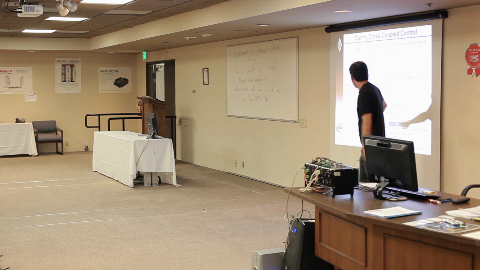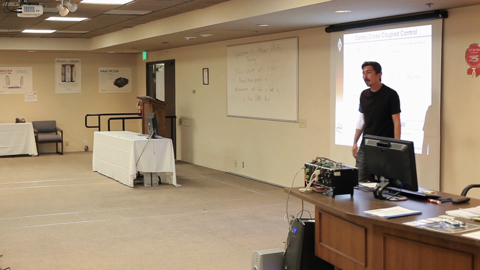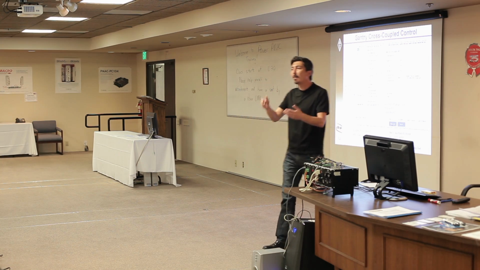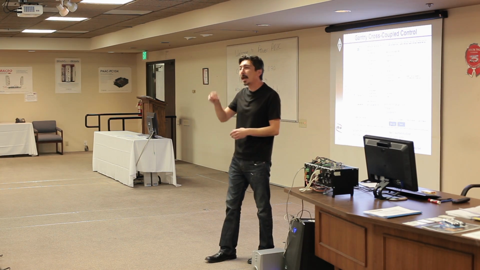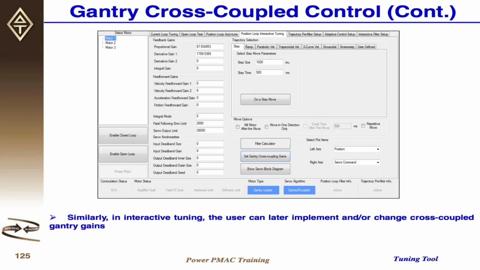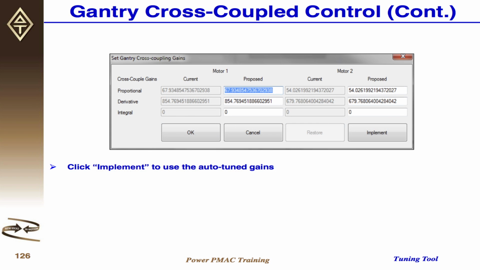And if you select the cross-coupled Gantry control, it's going to also come up with the cross-coupled Gantry gains for you. And of course, later on, you can fine-tune it when you go to interactive tuning by going to set Gantry cross-coupling gains, so you can change them later on. And you can put your proportional, derivative and integral gain for both motors. So it's two sets of gains.